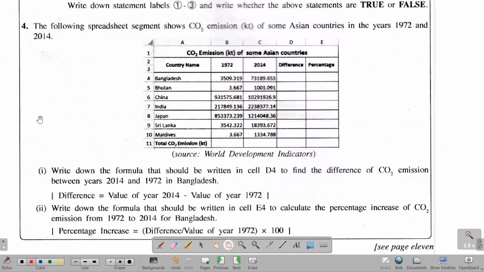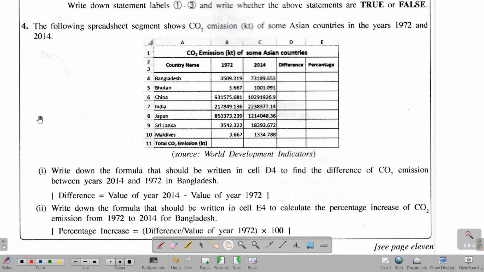Next one is about the Excel. What they're asking is to write down the formula that should be written in cell D4 to find the difference of CO2 emission between year 2014 and 1972 in Bangladesh. If you look into the Excel, you can see there are rather 5 columns in the table.